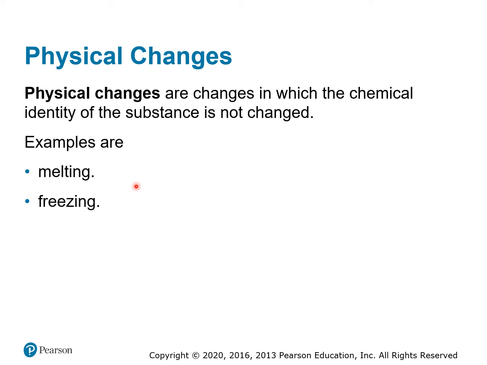Visually it becomes different. On melting it becomes water, which is liquid, and on freezing it becomes an ice cube, which is solid. So there's a physical change, but the chemical identity is not changed. The substance is still water, even if it is liquid or a solid. So physically the state of matter has changed, solid to liquid, but it's still the same water.